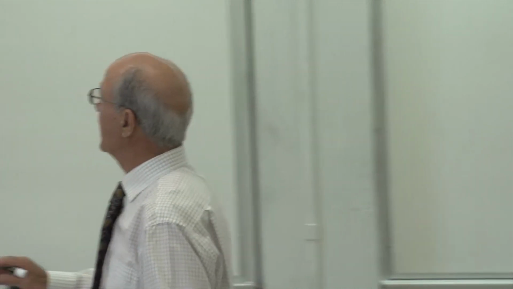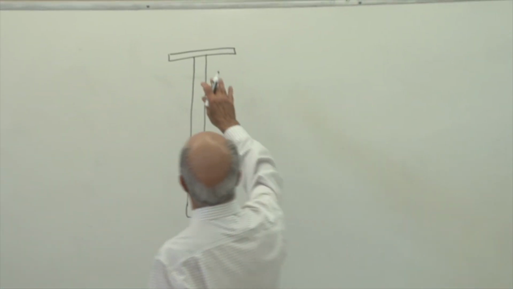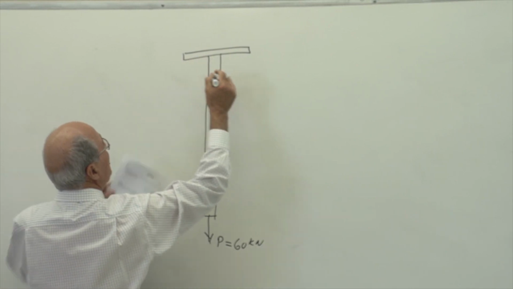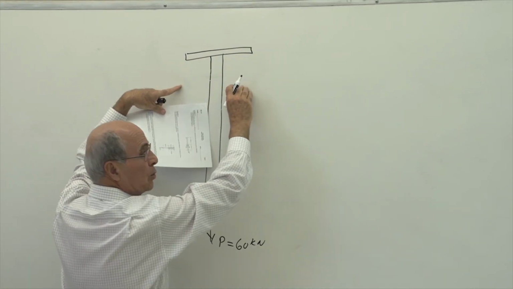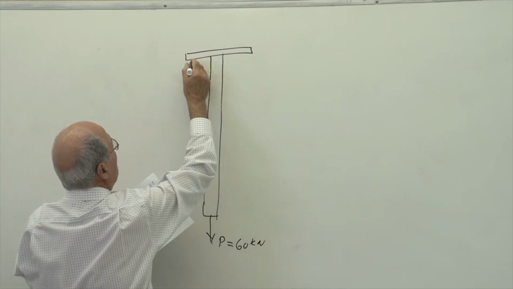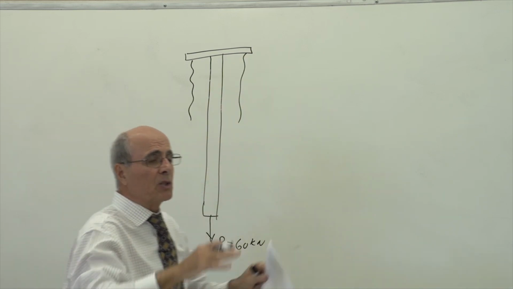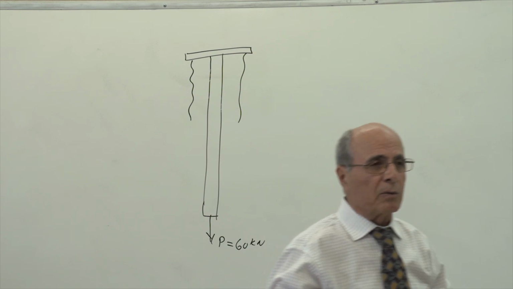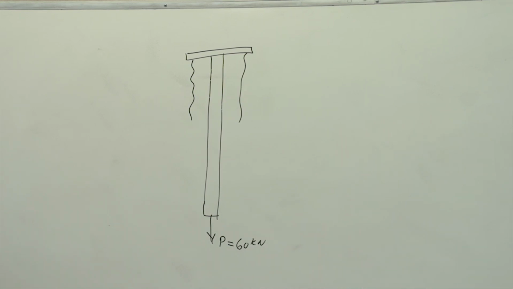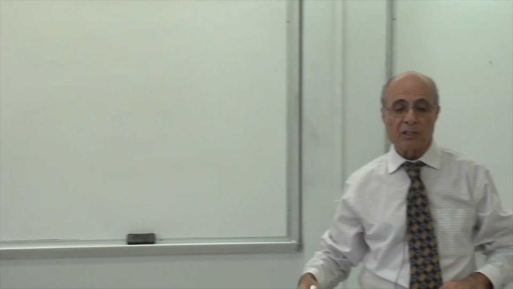You apply this force, and this is not attached to the wall or anything. There is a force that wants this plate to go down. So this spring, sitting here like a cylinder, is going to be pushed down. Let's say that the spring goes down half an inch and the rod goes down 1 inch. What's the total displacement of point E? Should I add it or subtract it?